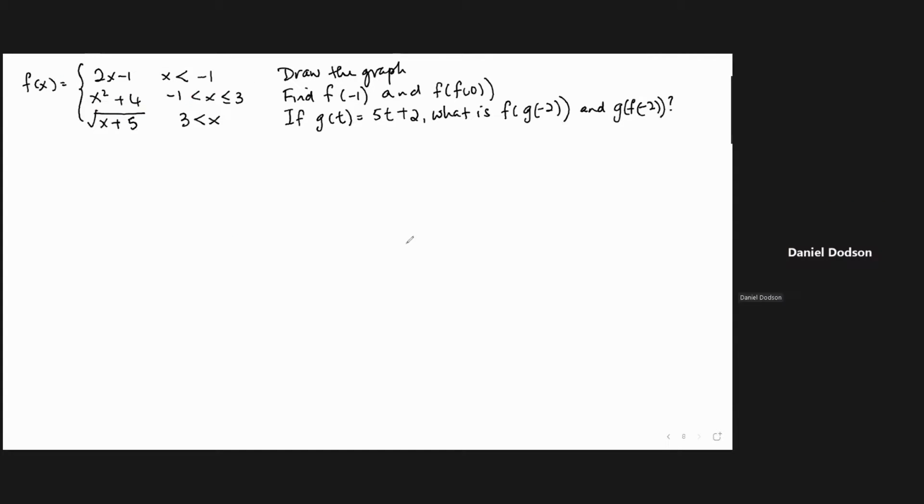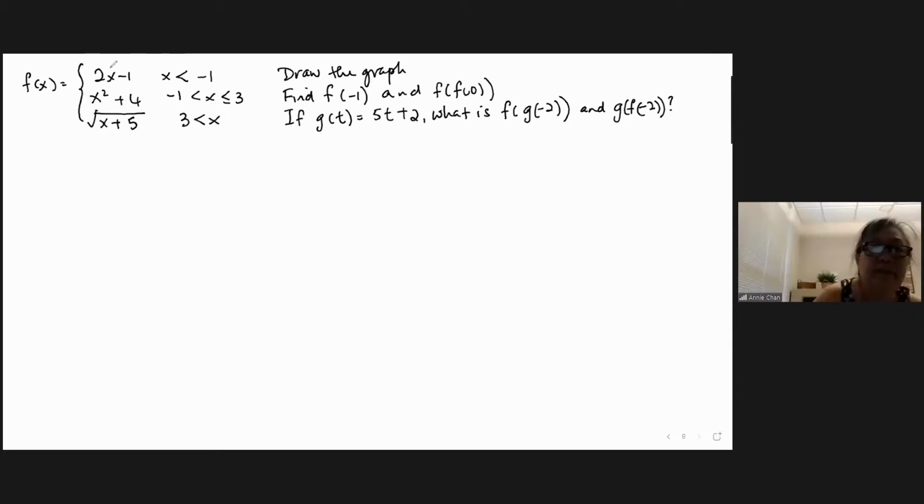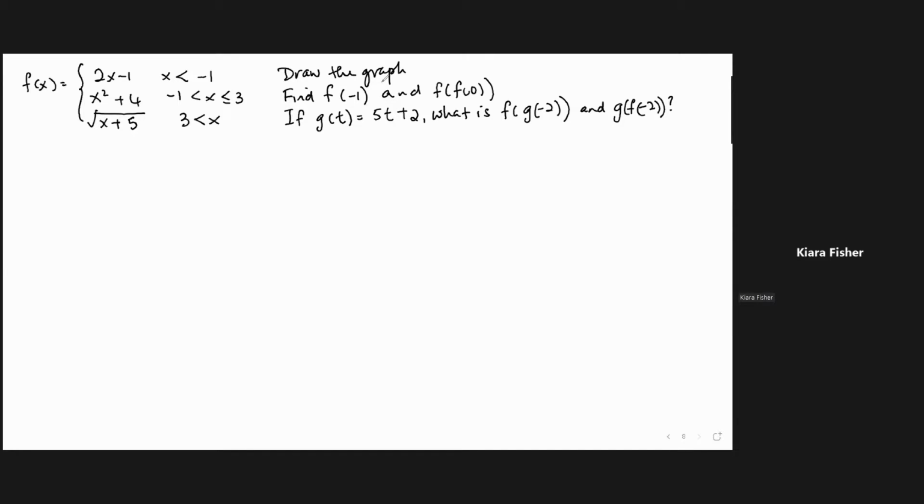Now I'm giving you a piecewise function and I'm asking you to draw the graph. What should I do? One thing I remember is you draw the whole thing, then erase it.